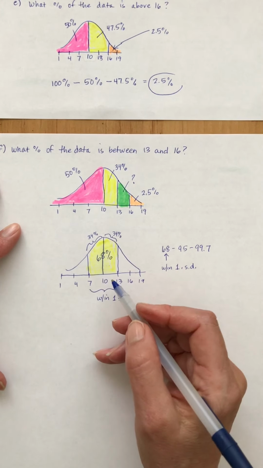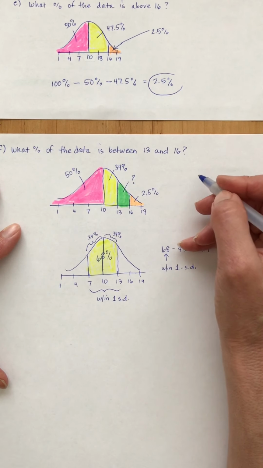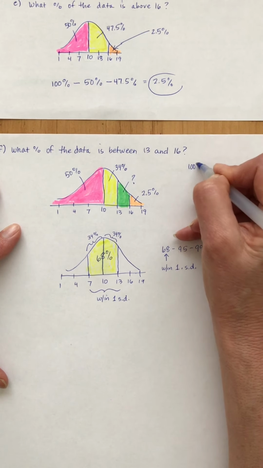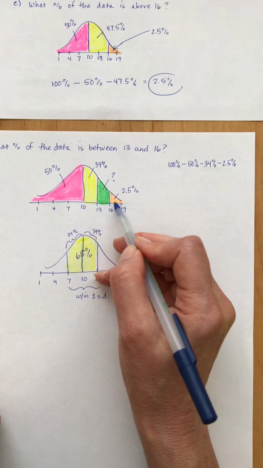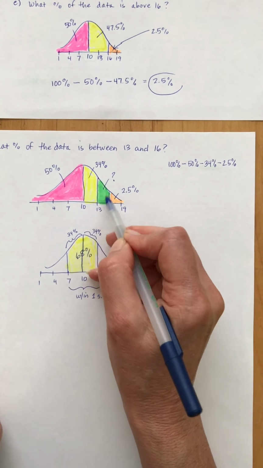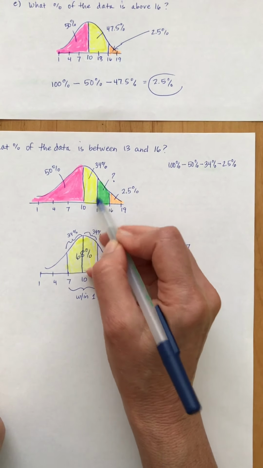So we're going to take 100%, subtract off 50%, subtract off 34%, subtract off 2.5%, and see what you think. It's certainly more than 2.5%, and less than 34%. We should get an answer somewhere in between these two numbers.